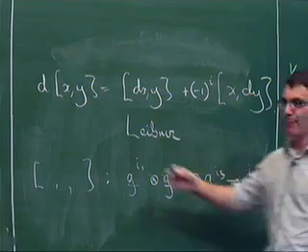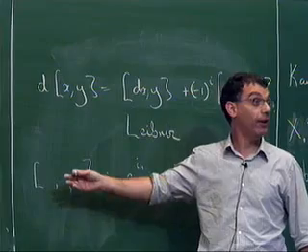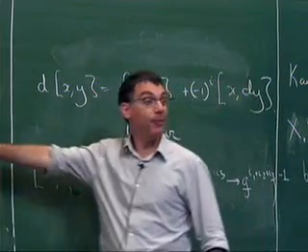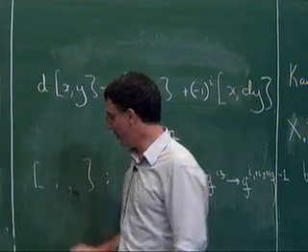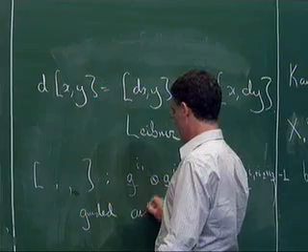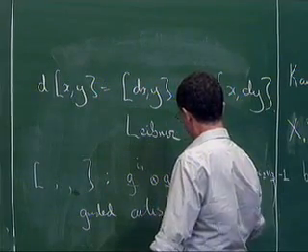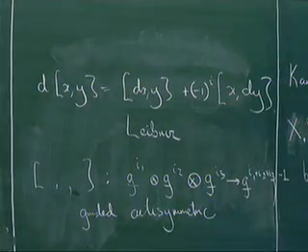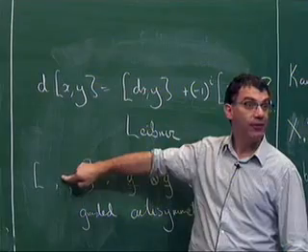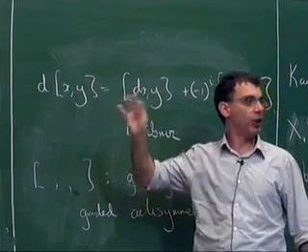And I'm just going to sort of say in words what's going on. This is graded antisymmetric in all 3 variables. So let me jot that down. And its differential gives the correction, the right-hand side of the Jacobi rule.